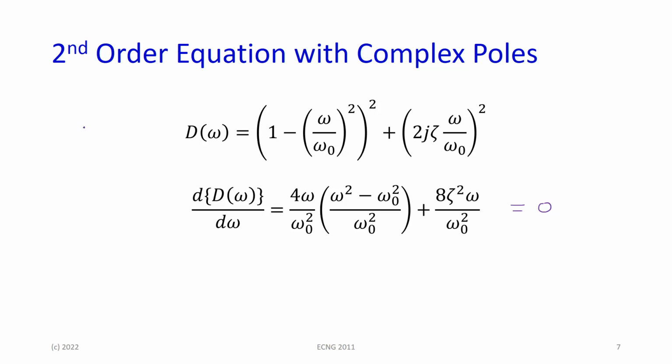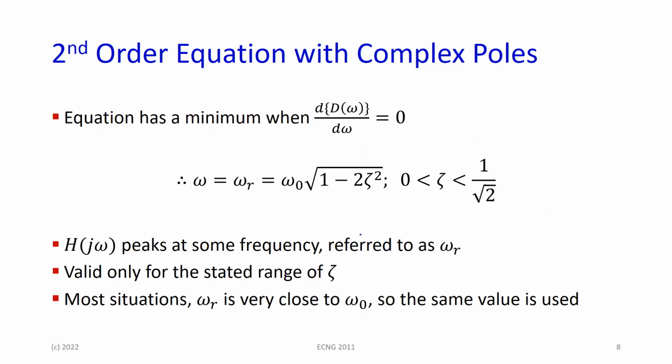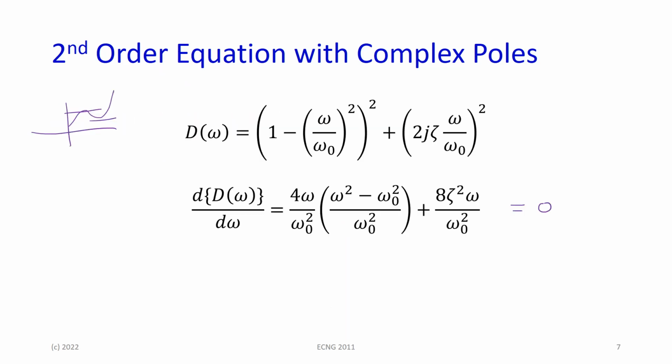Remember, you're basically finding a point of inflection here. When you look at functions, wherever the gradient of the function is 0 is either a maximum or a minimum. So in our case, we take the derivative of D of omega, which is the denominator, and we set that to 0 and solve for omega.